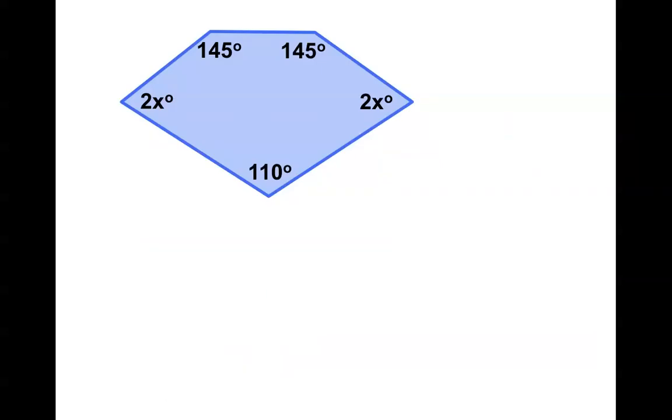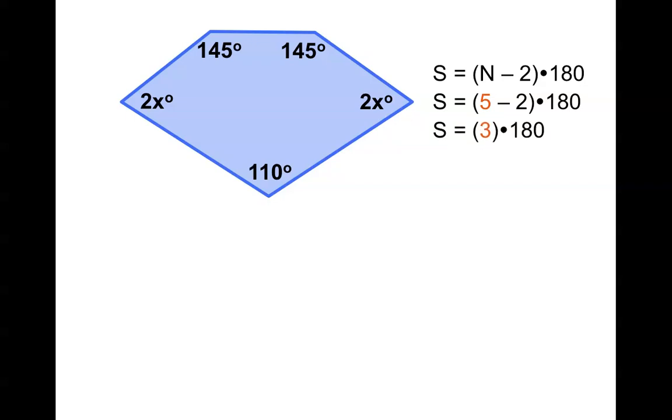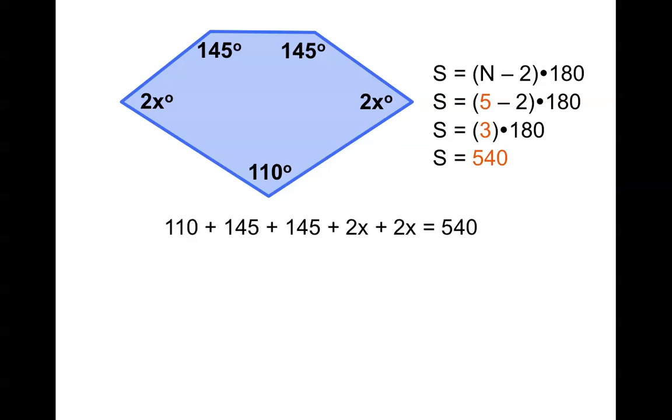Step 1, how many angles are in this polygon? Notice, number of sides, 5. 5 minus 2 is 3. 3 times 180 is 540. So we know that all 5 of these angles will add up to 540.